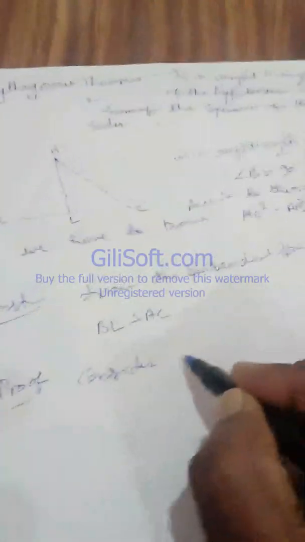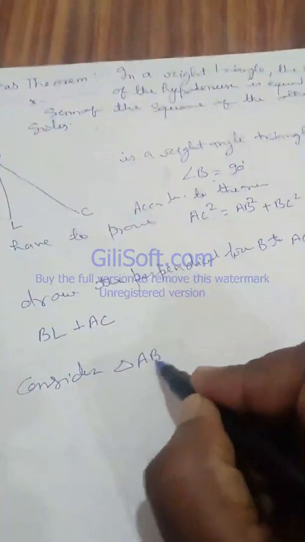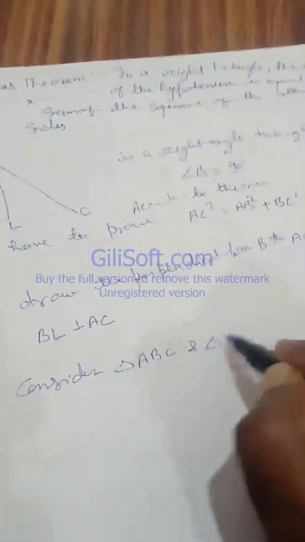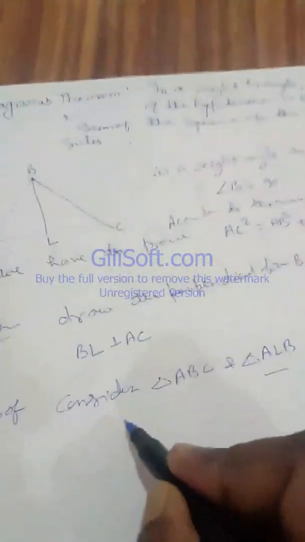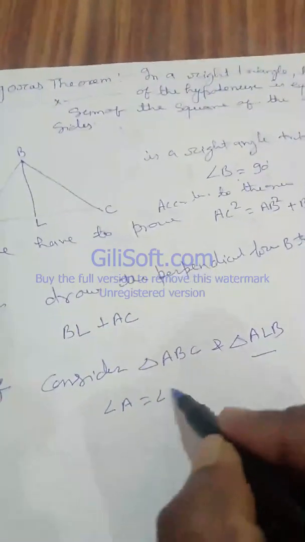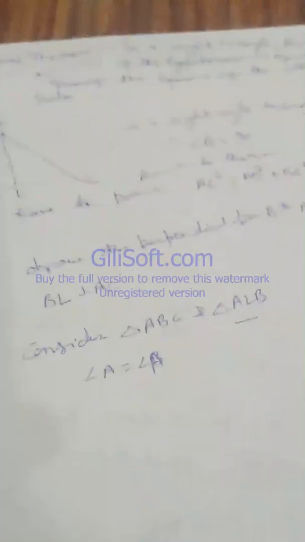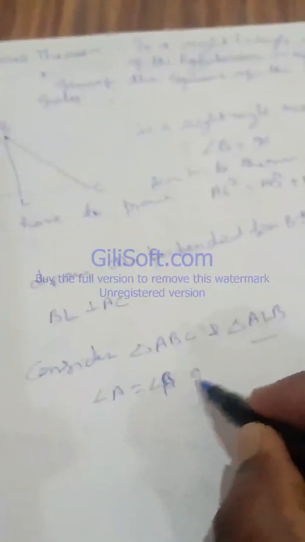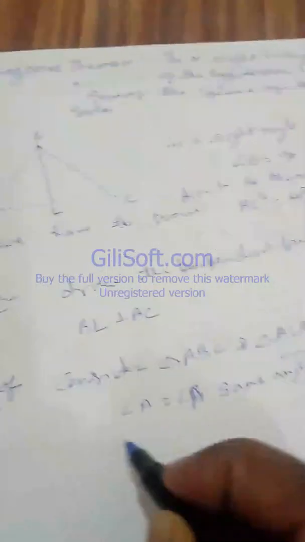Consider triangle ABC and triangle ALB. Angle A is equal to angle A, the same angle.